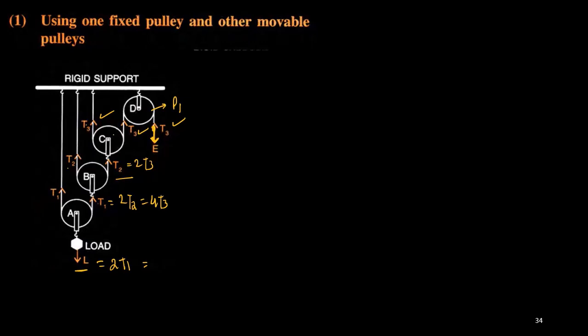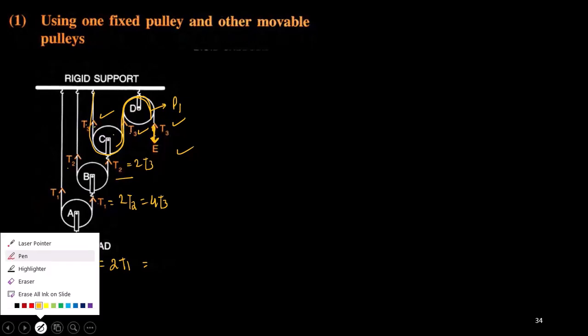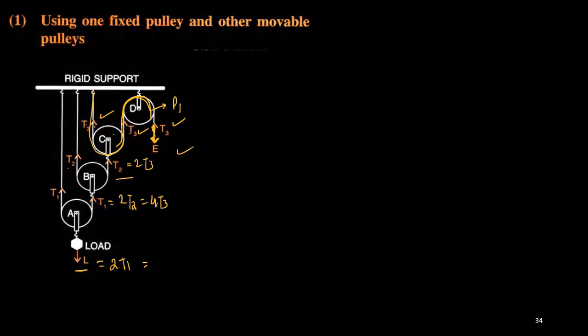So I am applying the effort at one end of the fixed pulley. Now consider this is a string. On this string the tension remains the same: T3, T3, T3. There is another string like this, on which the tension is T2, T2, T2.